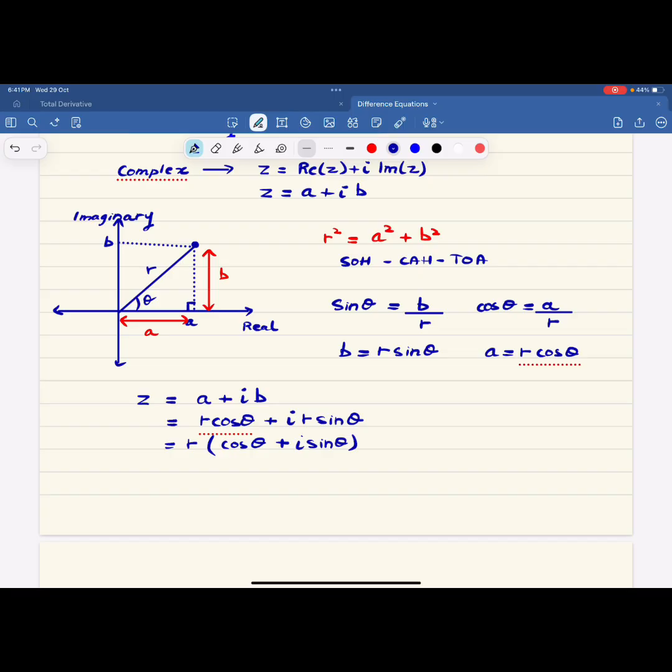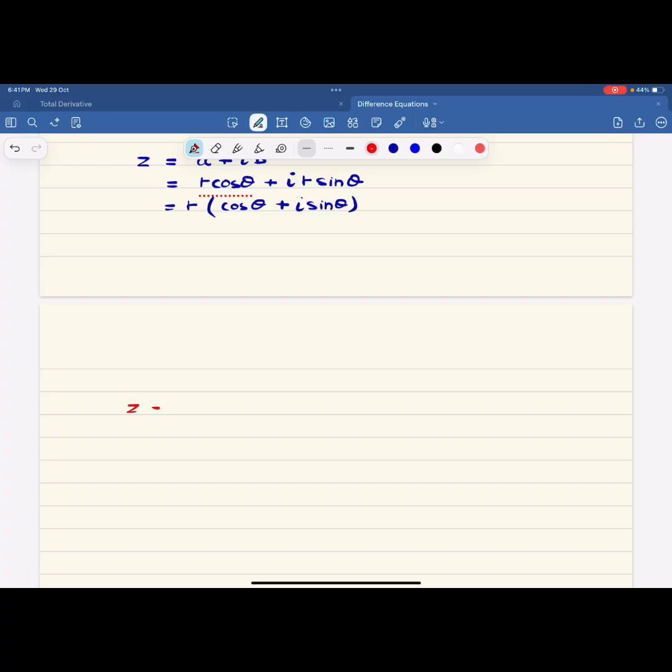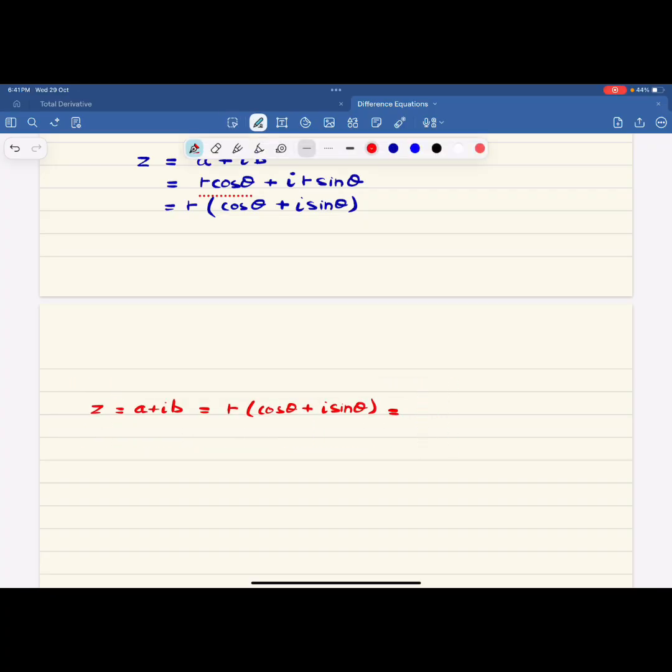So basically, we've figured out two ways of representing a complex number: a + ib, or r(cos theta + i sine theta). However, there is also a third way to represent it, which is r e^(iθ).